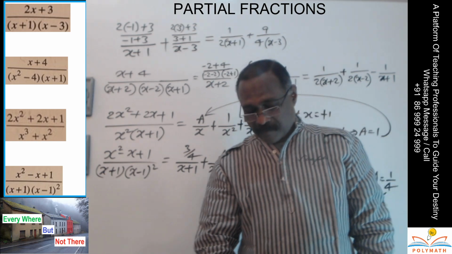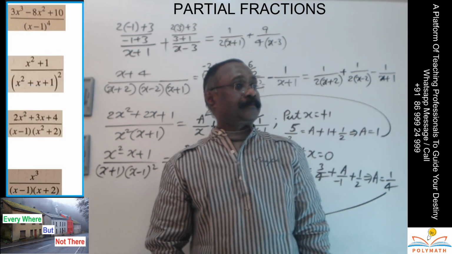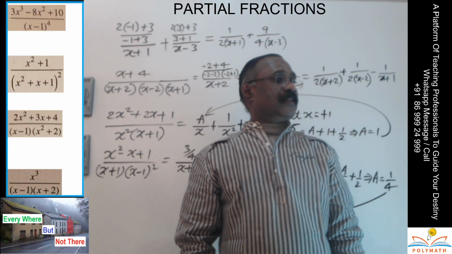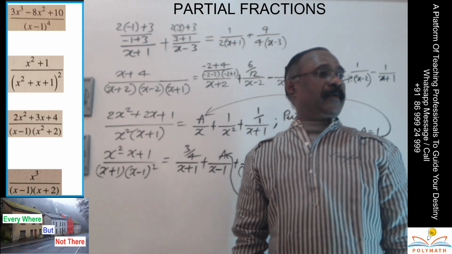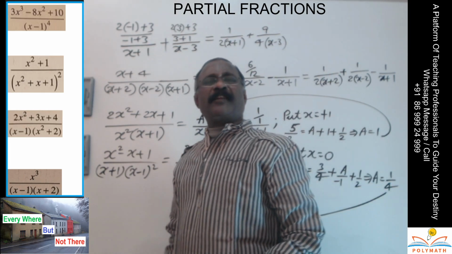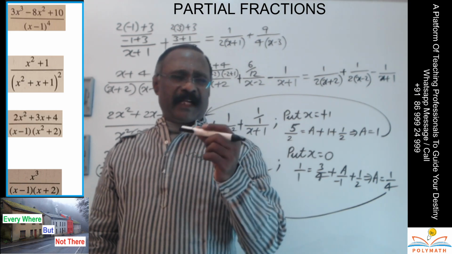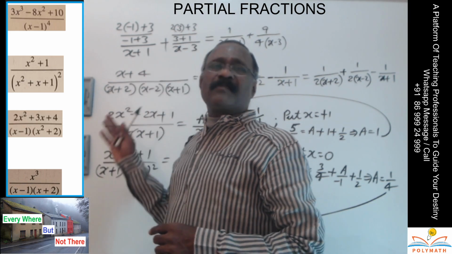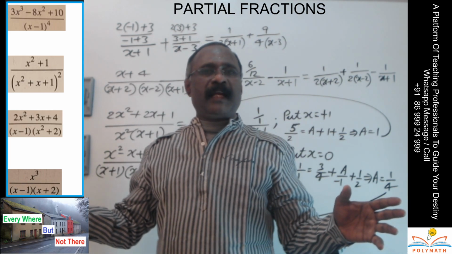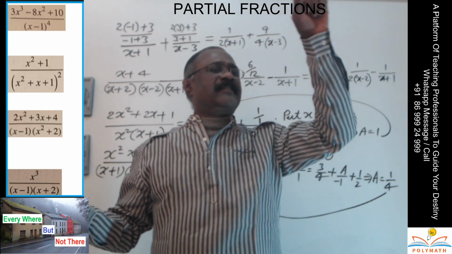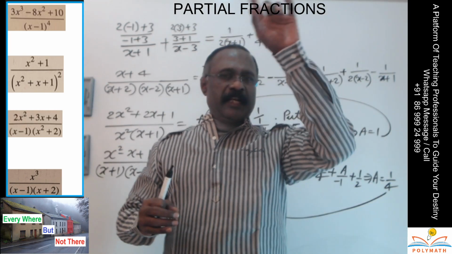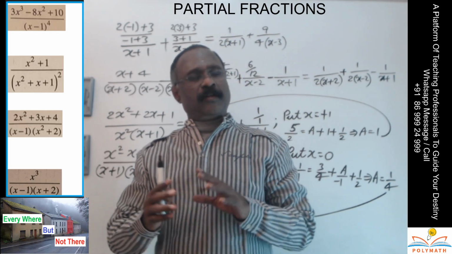Okay, let us see the next one: 3x cubed minus 8x squared plus 10 divided by (x minus 1) whole power 4. The partial fractions also, you will be getting all this. Whatever problems I solved here, you will be getting in integration as integral of fraction dx.